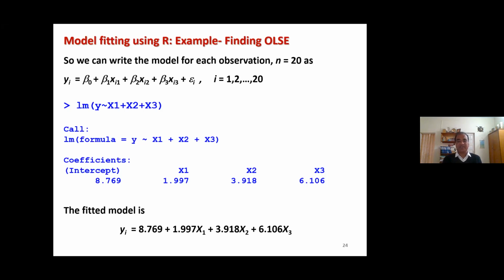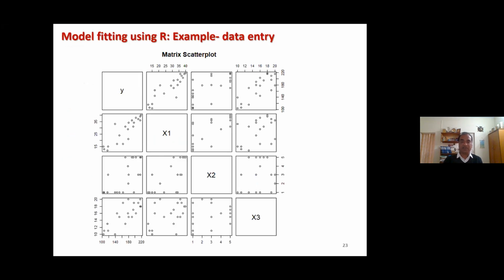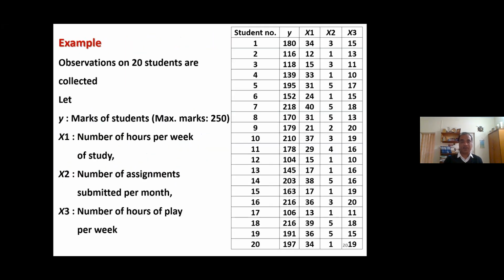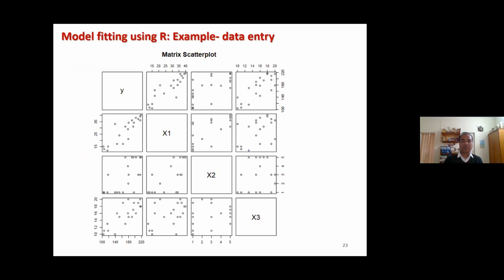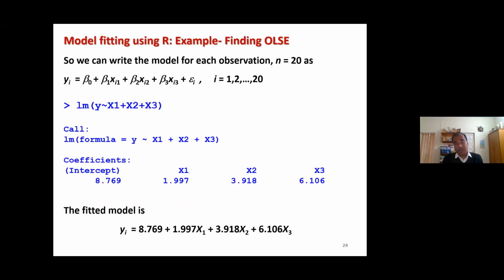Similarly, the coefficient related to x3 is 6.106. x3 is the number of hours of play that you can see in this data. So if the number of hours of play increases by 1 hour, then the marks are going to increase by 6 marks.